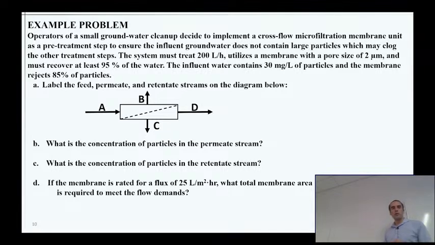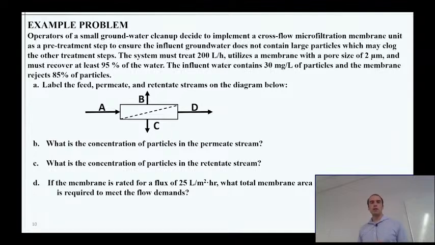So here we have operators of a small groundwater cleanup who decide to implement a cross-flow microfiltration membrane unit as a pretreatment step to ensure influent groundwater doesn't contain large particles that can clog other stuff. The system must treat 200 liters per hour. It utilizes a membrane pore size of 2 micrometers and must recover at least 95% of the water.